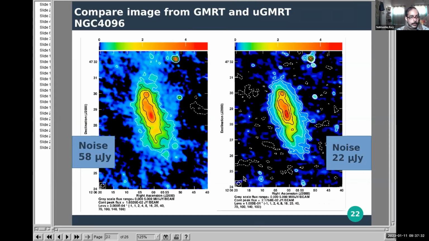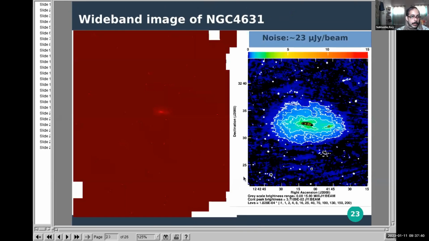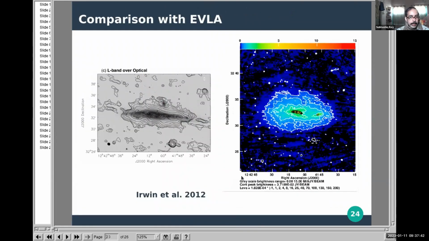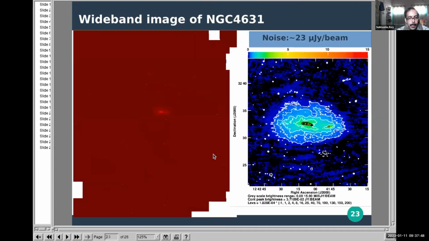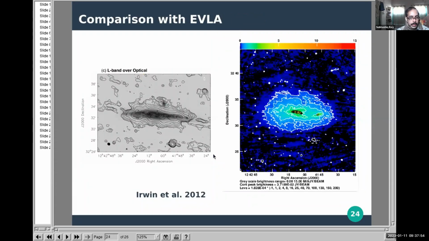In some cases we see about a factor of 2.5. We are also seeing a halo, for example, this one from Irwin's paper, for one of these galaxies, NGC 4631, and you can see it shows a larger halo at lower radio frequencies as compared to L band, meaning 1.4 GHz.